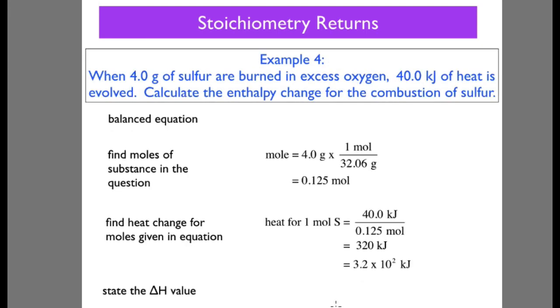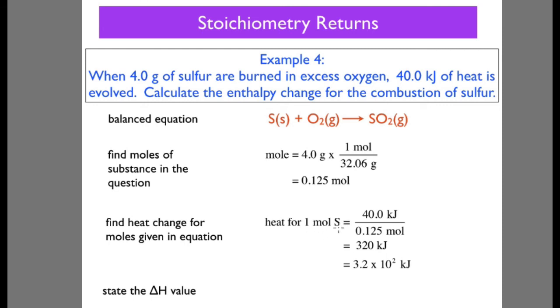Example 4. When 4 grams of sulfur are burned in excess oxygen, 40 kilojoules of heat is evolved. Calculate the enthalpy change for the combustion of sulfur. Well, we've got 1 mole of sulfur reacting with 1 mole of oxygen gas to give us 1 mole of sulfur dioxide. To find the moles of the substance in the question, we convert grams to moles using the conversion factor of the molecular mass, and we get 0.125 moles.